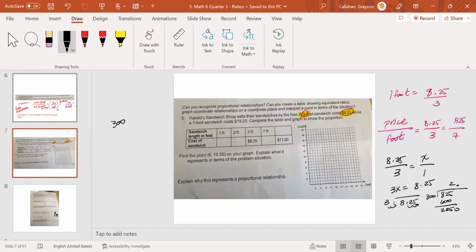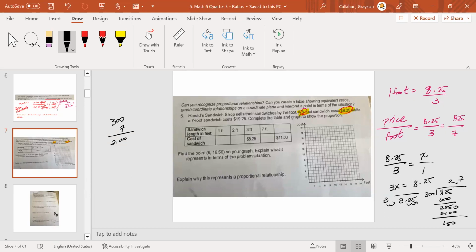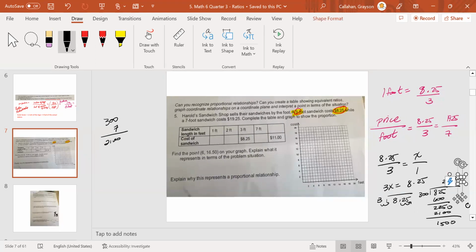Now, 300 times what is close to 2250. I will say 3 times 7, because that gives you 2100, right? Subtract it, it gives you a 150. Put a 0 there, you put a 0 down. 300 times 5 will give you that.